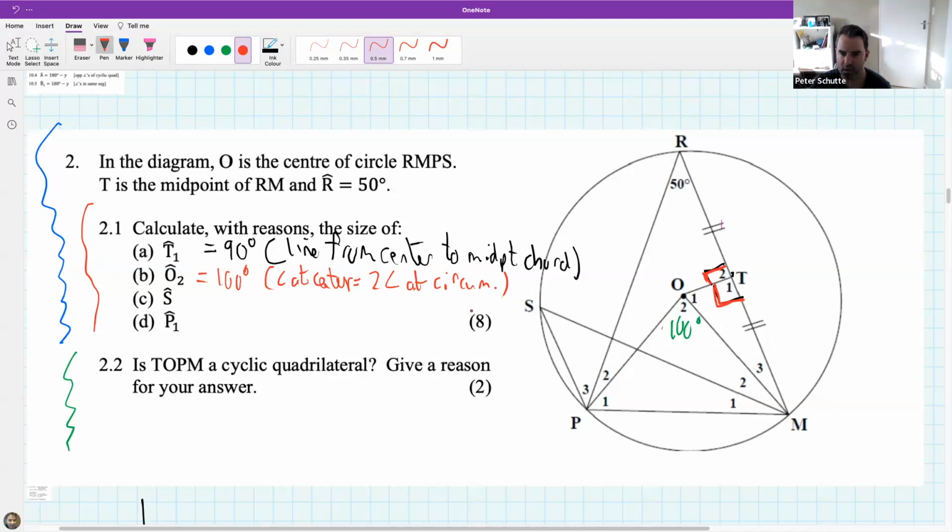So Koki, I agree with you. And Koki has said that S is 50 degrees. And what I see for S is that it's the butterfly.